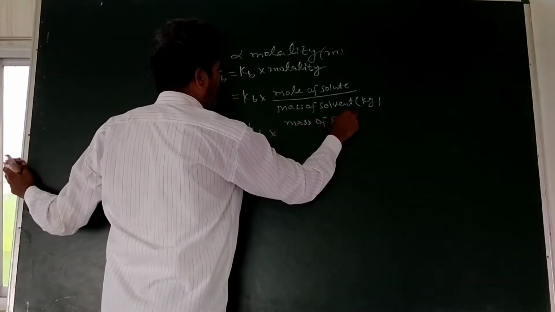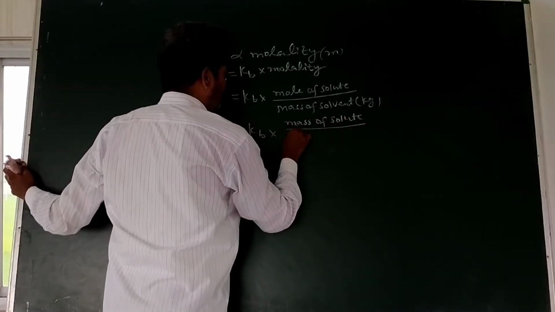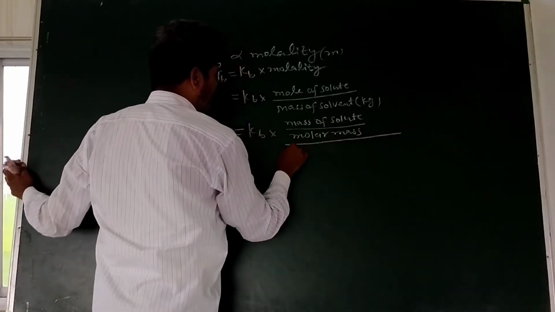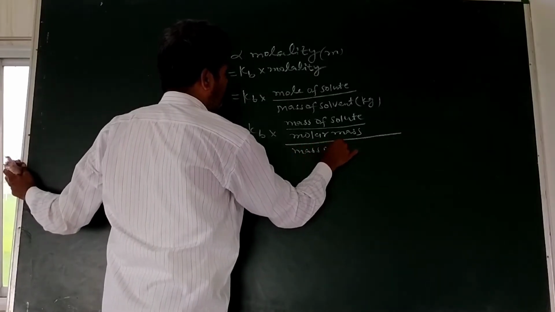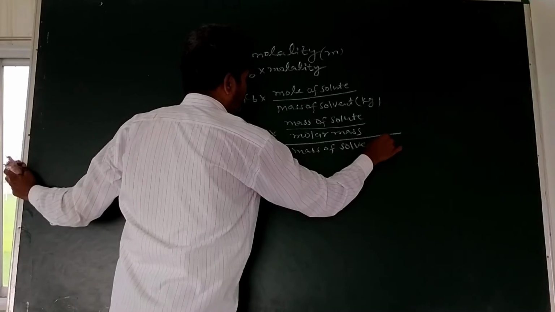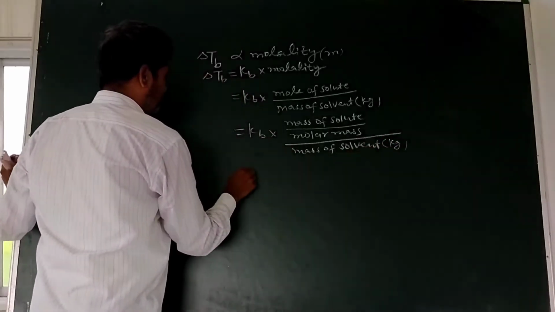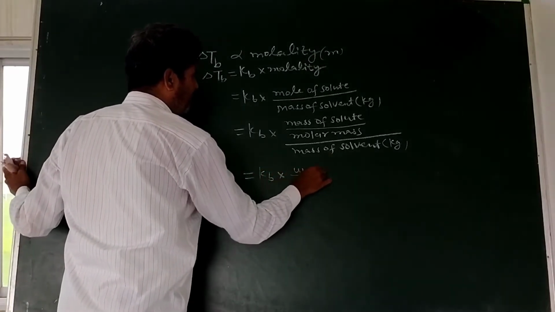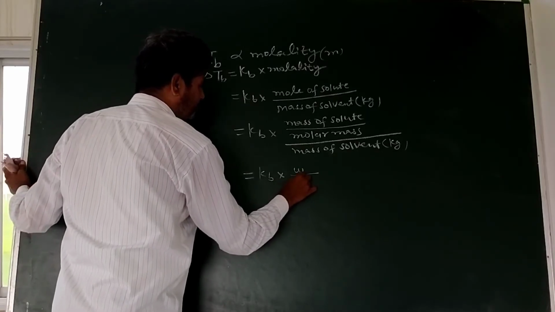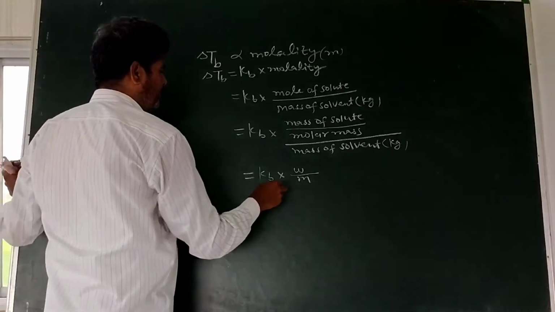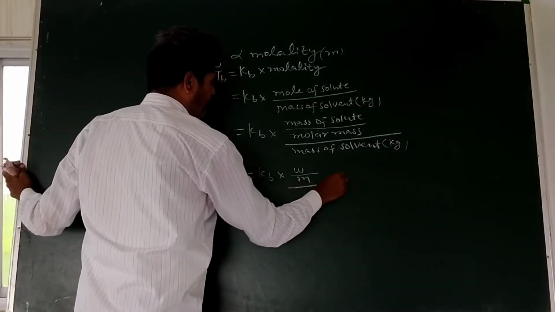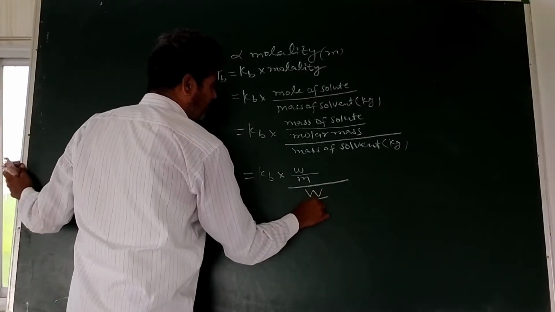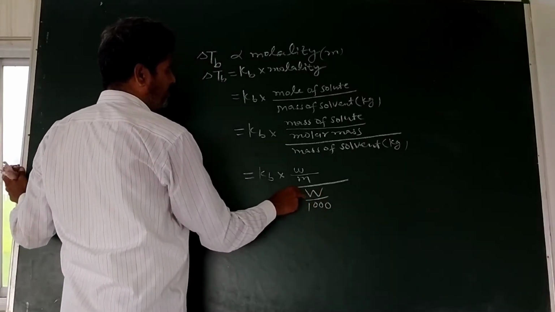So delta Tb is Kb into mass of solute, small w, upon molar mass of solute, small m, whole upon mass of solvent, that is capital W, upon 1000. It is for conversion of W into kg.